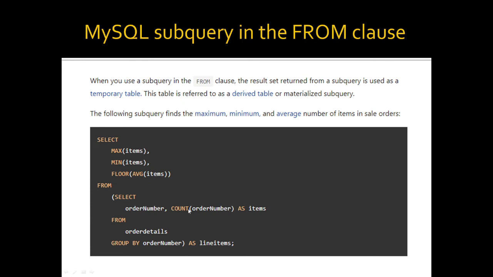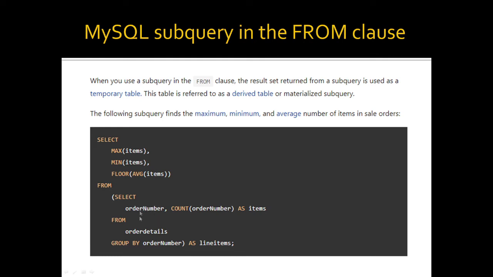We would like to count how many items there are per order number. Let's say some orders have 10 items, so that will give us 10. Other orders maybe have 20 products, so that will give us 20. So we have order number and count from order details, group by order number.